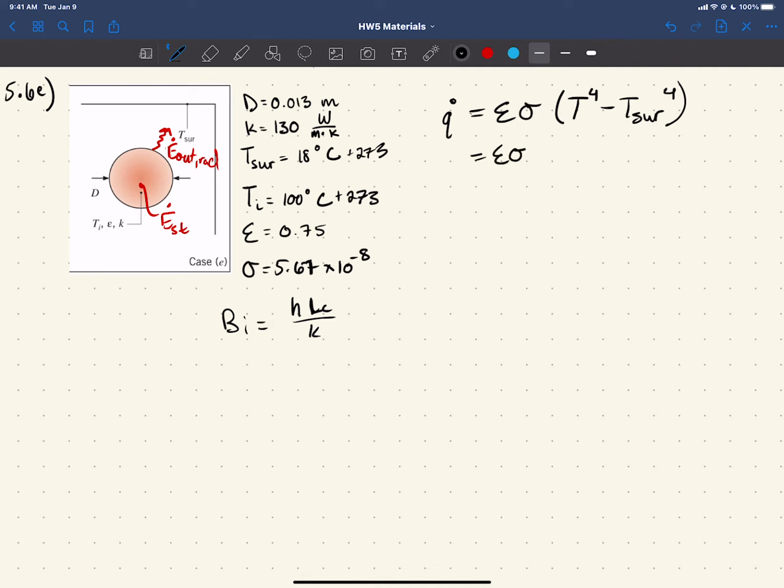You can take this as a difference of squares, so you can factor it to be T squared plus T surroundings squared, times T squared minus T surroundings squared. Remember that from algebra.